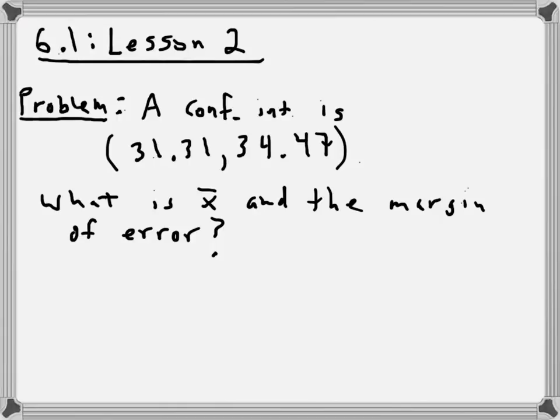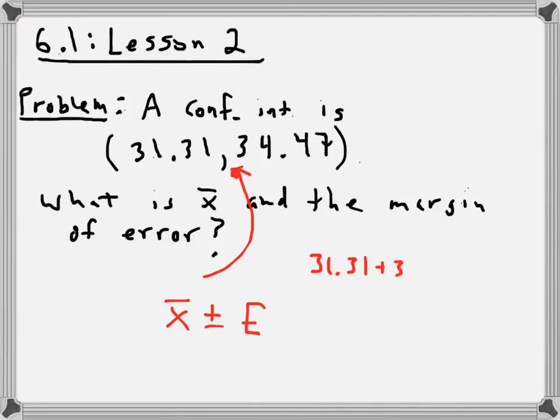I know you're thinking about it. There's always some symmetry involved here, since we're essentially taking our mean and adding and subtracting our margin of error. So wherever our mean is, it's going to be essentially halfway in between this interval. So how do I find the halfway point or the midpoint? Yeah, you learned in algebra something called the midpoint formula, which, even in statistics, guess what?